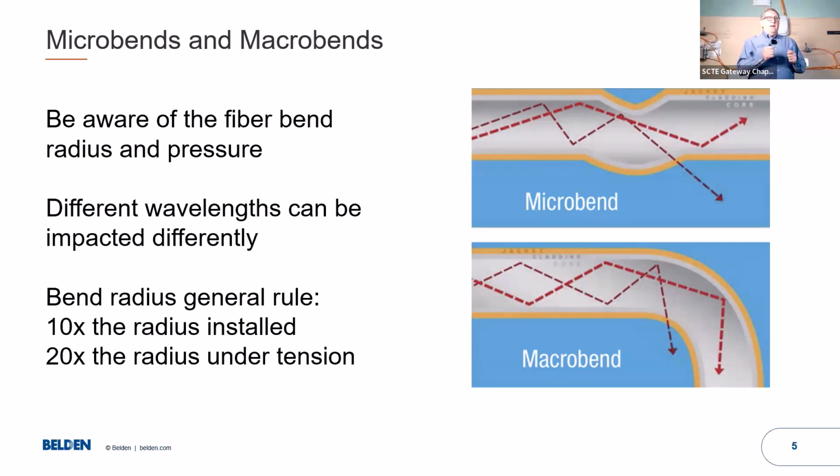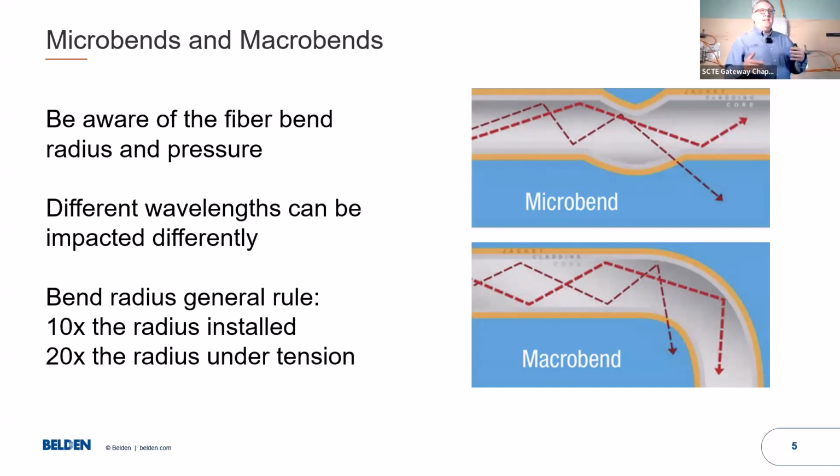Tie wraps in a splice enclosure or in a head end, if you use tie wraps instead of Velcro, that's where you can actually distort the fiber just a little, where you can impede the path that it goes. Micro bends also happen in splice cases, when you have frozen splice cases.